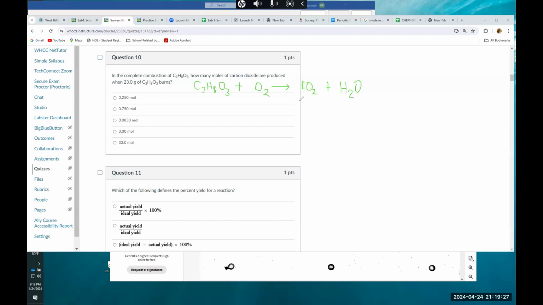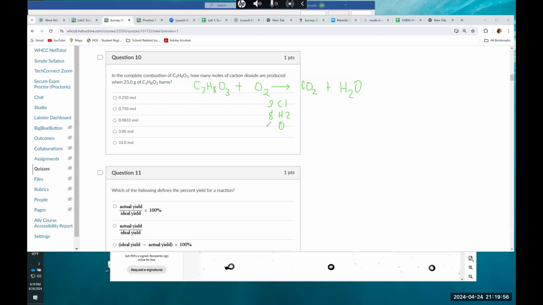Okay. So I need to balance it. How many carbons do I have? On the left, we have 3, and on the right, just 1. How many hydrogens? 8 on the left and 2 on the right.